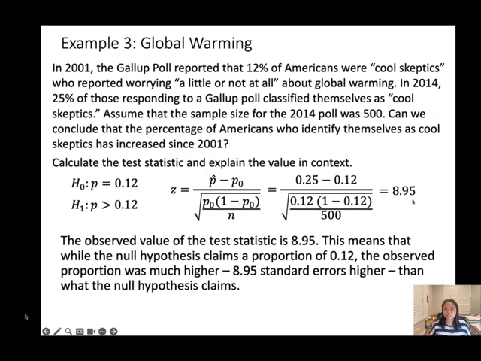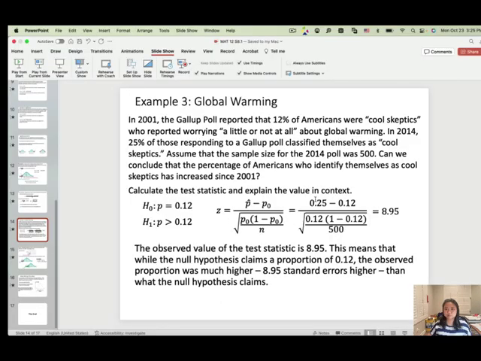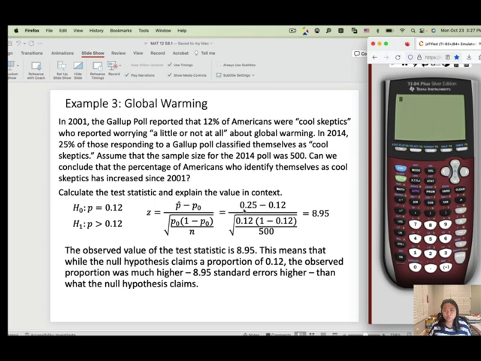Let me show you guys how to use the calculator to input this one. Make sure you put the p-hat, 0.25, minus 0.12, because that's p-hat minus p0, divided by, so you're going to divide it by the whole thing here.